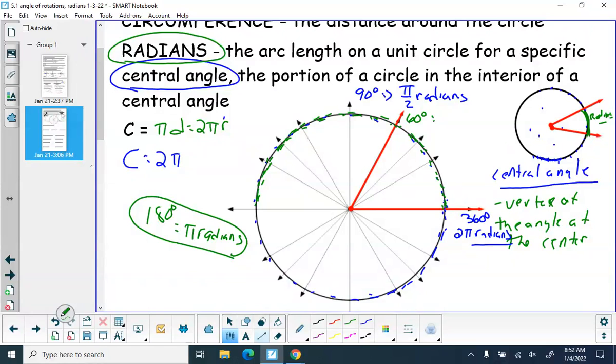Well, the key idea is to think about the idea of 180 degrees. 60 degrees would be 1/3, or pi over 3 radians. This here's a key idea. If I know 180 degrees is pi radians, what do you have to do to 180 to get to 60? Well, I can divide that by 3. So I'm going to take pi and divide it by 3.